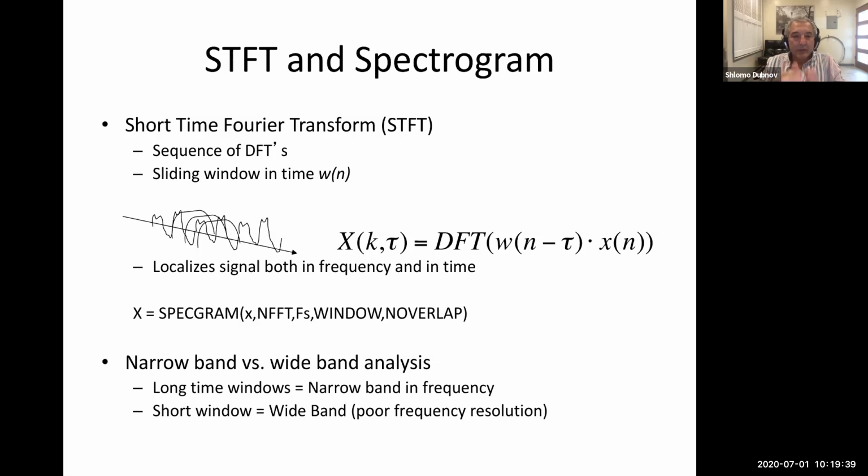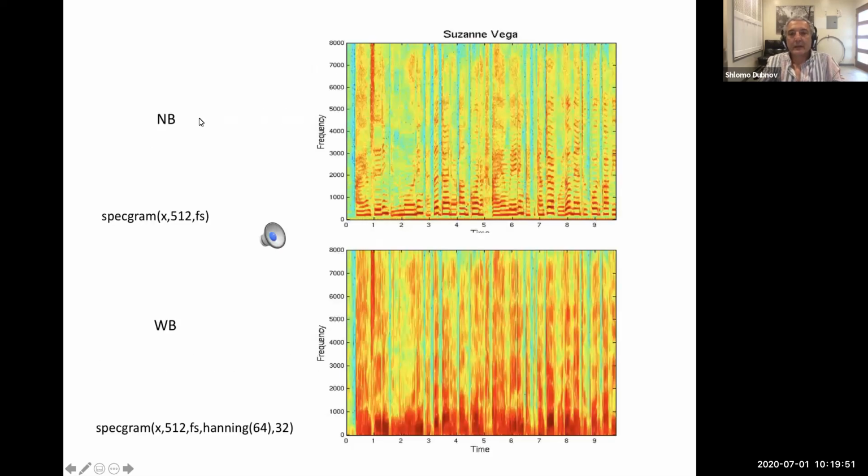If we have very short windows, our frequency resolution is poor, and it's called a wide band. Visually, it's quite evident that with a narrow band, which means we took long windows in time, you get a lot of resolution in frequencies. You can see the actual partials.